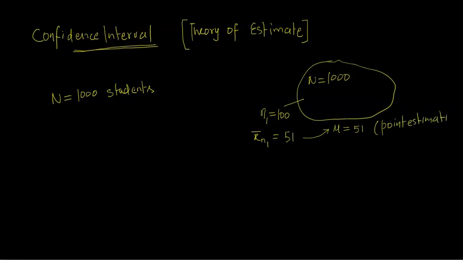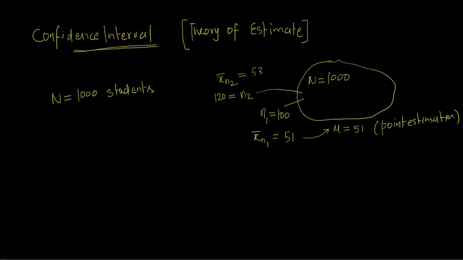Now you can definitely improve on this point estimation by taking several other samples. So probably I'll take another sample n2, which may be of the same size or a little different size, let's say 120 students. And I try to find out the average marks of these 120 students and it comes out to be somewhere around, let's say, 53.